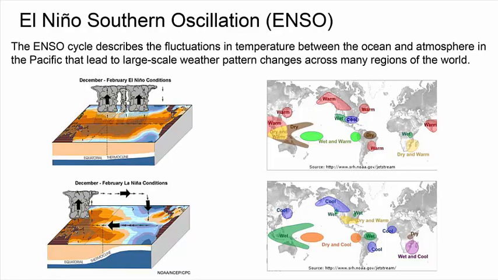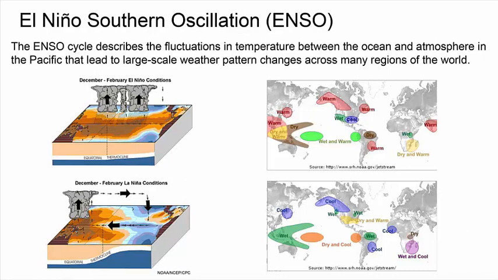If you compare that to this down here, where you have a large cooling of the equatorial Pacific, these warming and cooling phases can affect the weather in North America, but also all around the world.